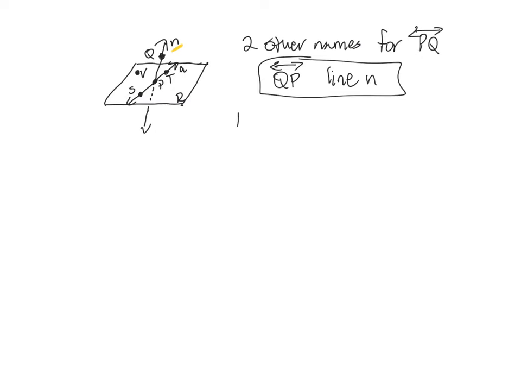So you could have one that says name 3 points that are collinear.